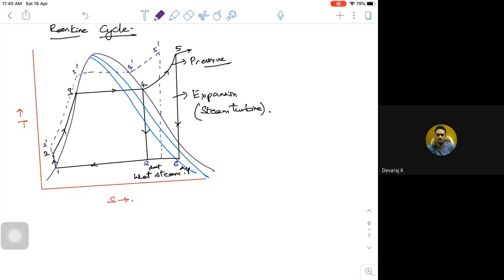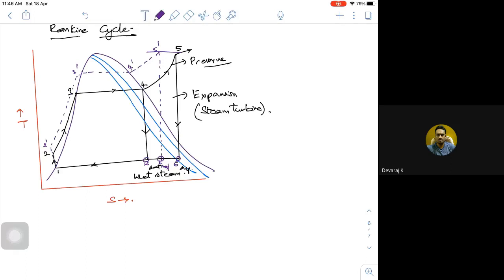Look at this: I have increased the pressure in the boiler, and at the exit of the boiler, even though my saturation temperature has increased, if I try to maintain the same temperature as the earlier one and expand, the condition of the superheated steam at the exit of the expansion, 6 dash, becomes wet.